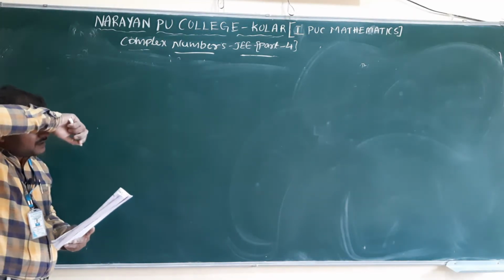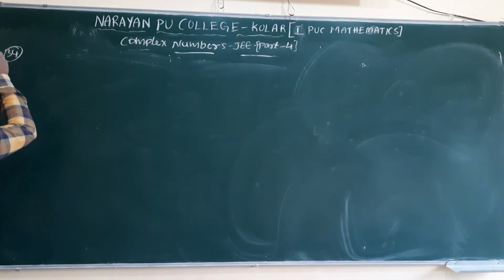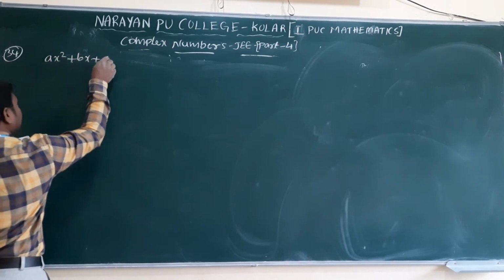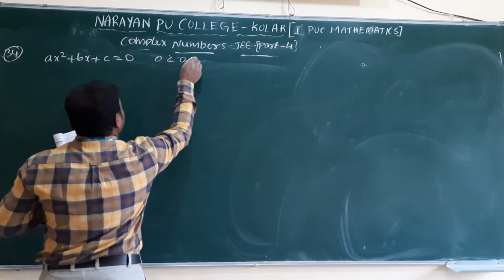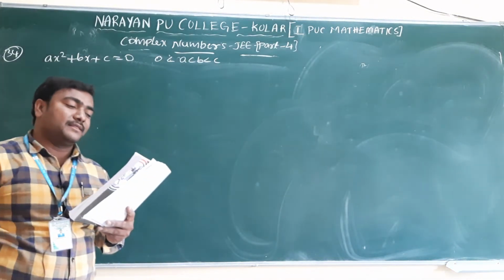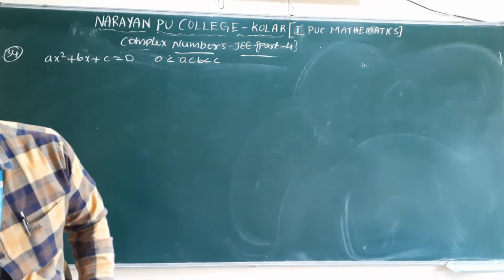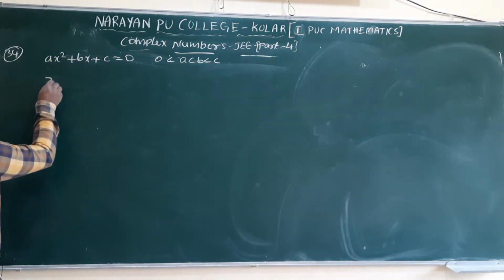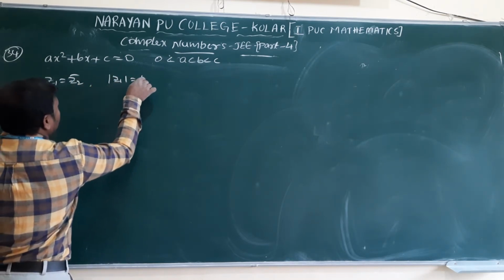Next question, question number 34. The equation ax square plus bx plus c is equal to 0, where 0 is less than a is less than b is less than c, has non-real complex roots z1 and z2. So non-real complex roots are clearly conjugate to each other. So z1 is equal to z2 bar, or modulus of z1 is equal to modulus of z2.